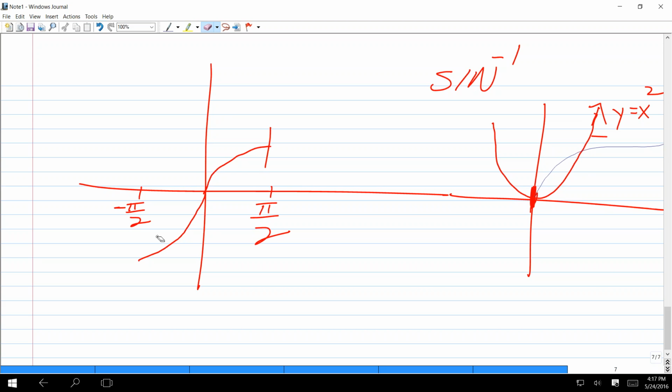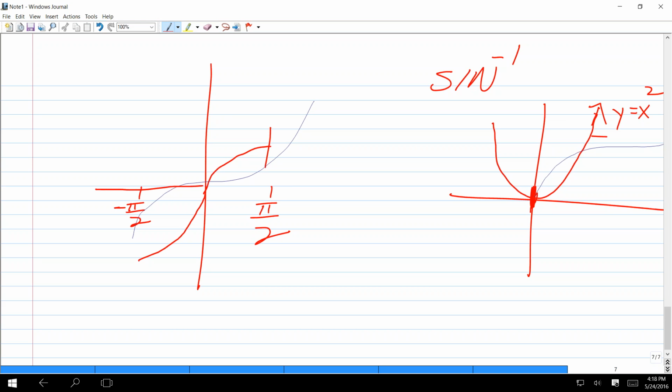Same thing with the sine. Now that I've restricted the domain, I can draw the function, and the function looks something like this. In other words, the inverse function is always a reflection about the line y equal x.